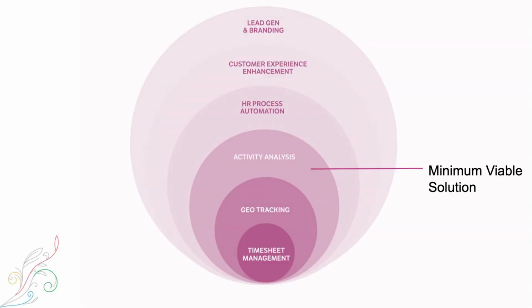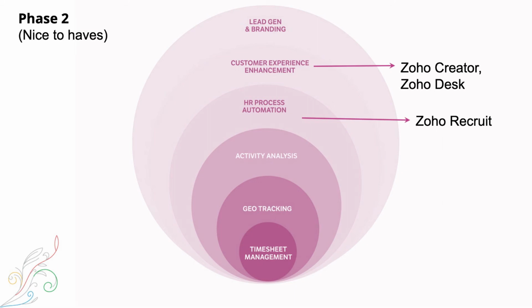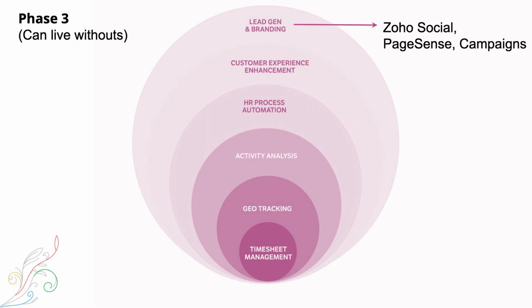You have to break it up into phases. Your phase 1 should be the minimum viable solution, that is, these three products that are key for your implementation. Then you go with phase 2 on HR process automation and customer experience. And the third is Zoho Social, which you can live with, even if it is not a priority.